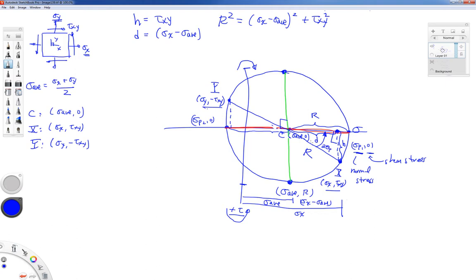And if I look at that, the tangent of that angle 2 theta p is equal to the height divided by the distance d. And that's the exact same equation that we had before, just using some different symbols. Take the inverse tangent of h over d, if you've got the numbers, divide that by 2, and now you have the value for theta p.